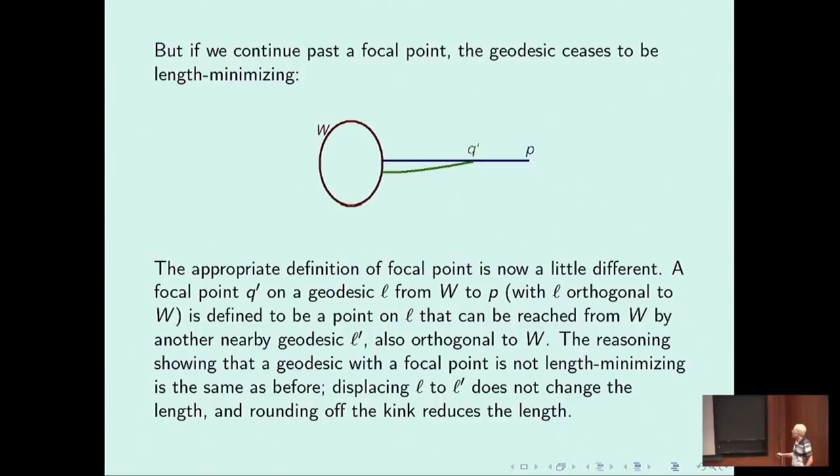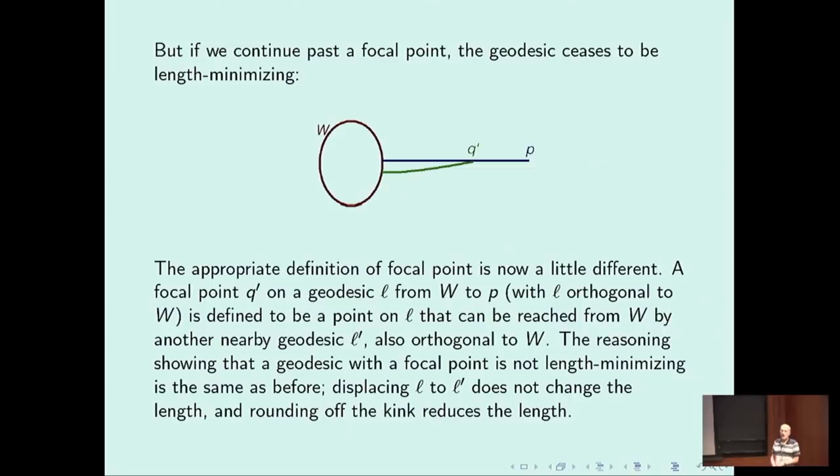So trading in this blue part for that green part doesn't change the length, or it doesn't change length up to and including second order if we only solve the zero-mode equation in first order. So we've gotten this non-geodesic path from W to P that has the same length as the geodesic.